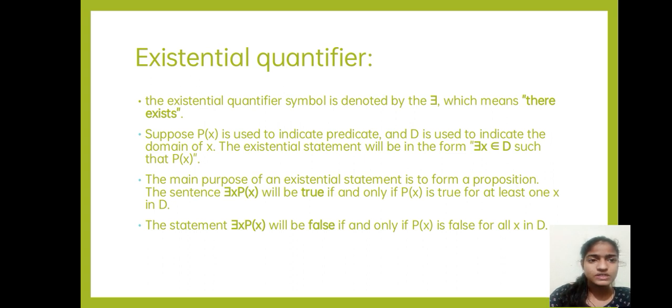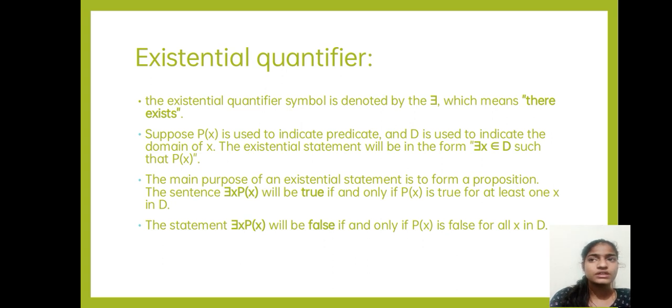The sentence there exists x, P of x will be true if and only if P of x is true for at least one x in D. The statement there exists x, P of x will be false if and only if P of x is false for all x in D.